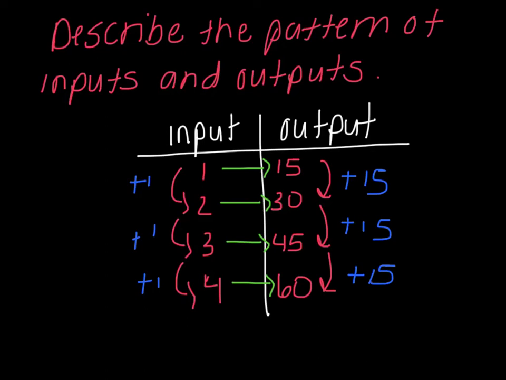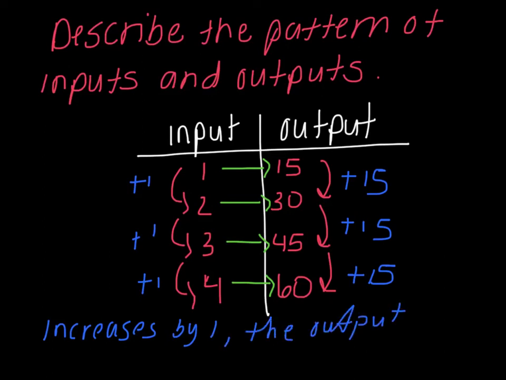So as a rule, or describing the pattern, you can say as each input increases by 1, the output increases by 15. And that's the pattern that this mapping diagram is showing.